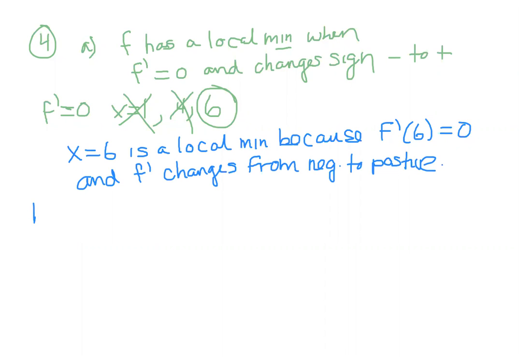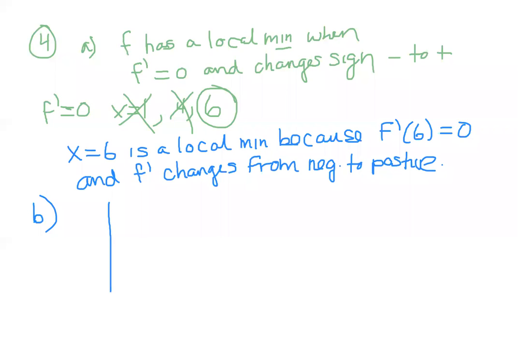Part B. Determine the absolute minimum value of f on the closed interval. Justify your answer. The absolute min occurs at the endpoints, or it occurs at the relative mins.